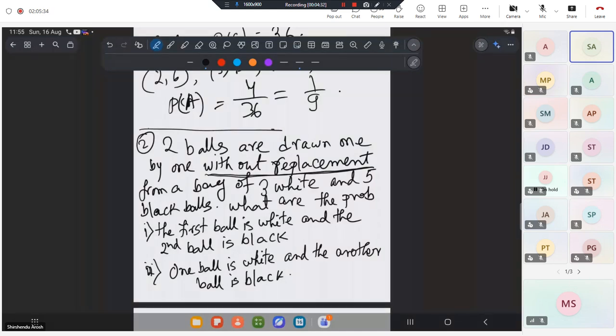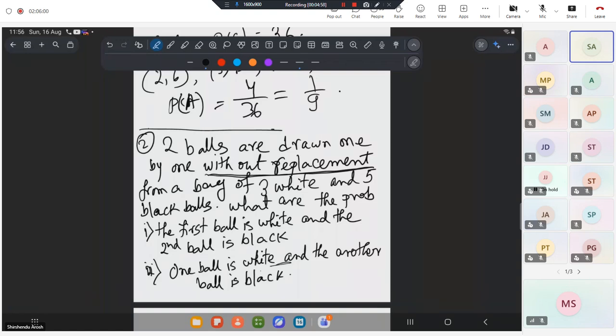In the first problem the first ball is white and the second ball is black, so the sequence has been defined specifically. But in the second problem, one ball is white and another ball is black, the sequence is not defined, so you have to take care of both sequences.